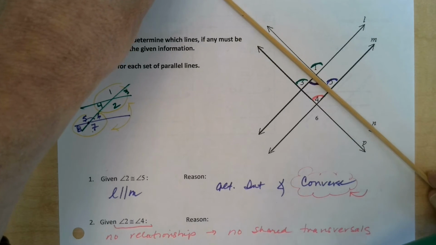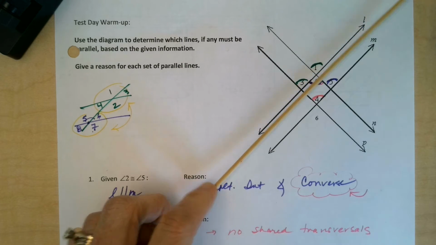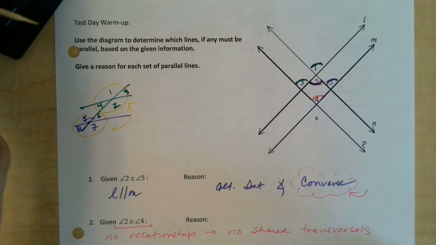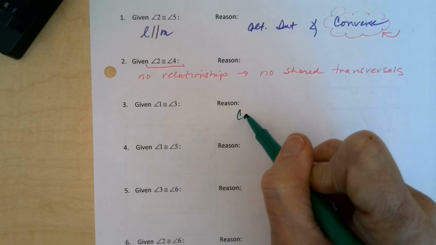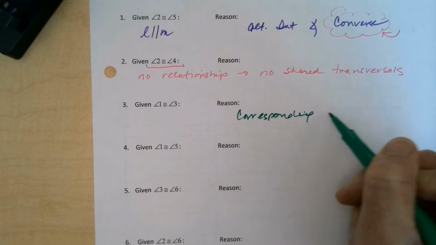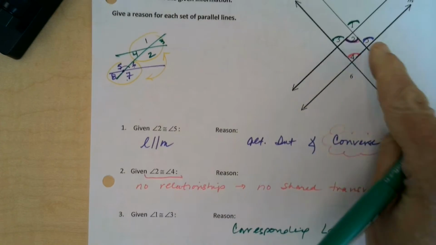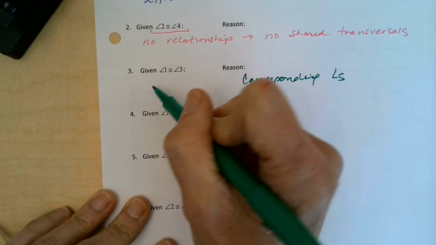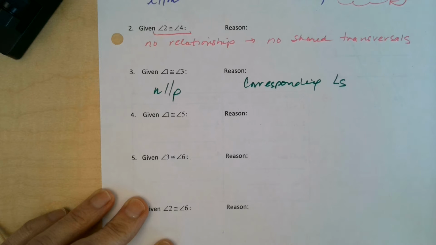They're both sitting on top of their lines, and they're both on the same side of the transversal. So that means that angles 1 and 3 are what we call corresponding angles. And given angles 1 and 3 are congruent, I know that line N is parallel to line P.